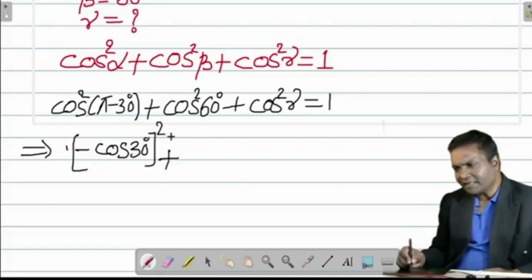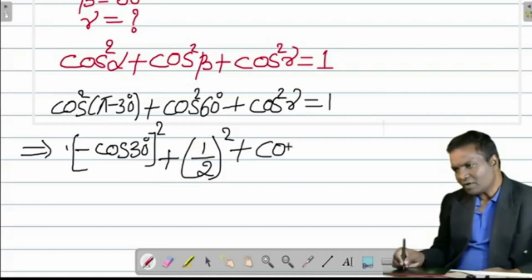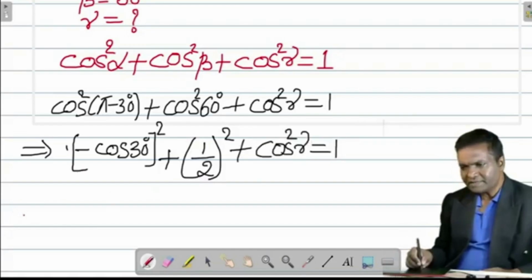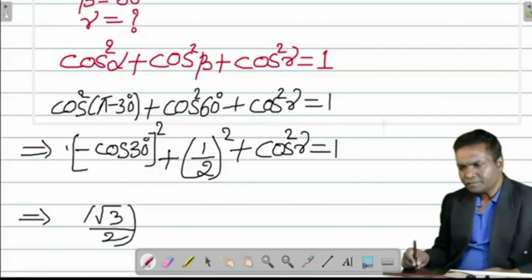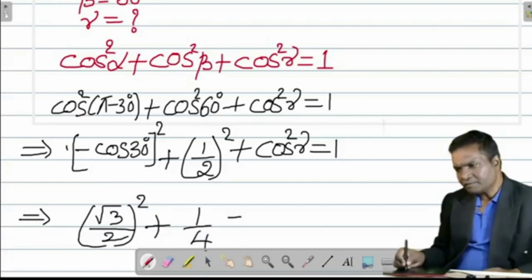In the later step I can write that. Cos 60 is 1 by 2. Yes. So minus square is plus and cos of 30 is root 3 by 2 whole square plus 1 by 4 plus cos square gamma equals 1.